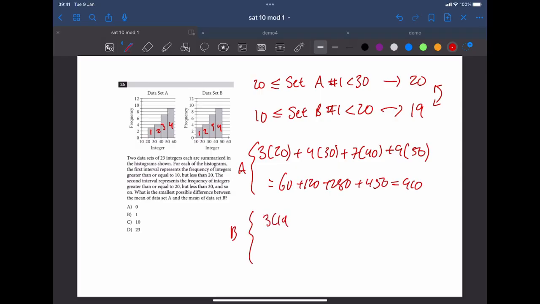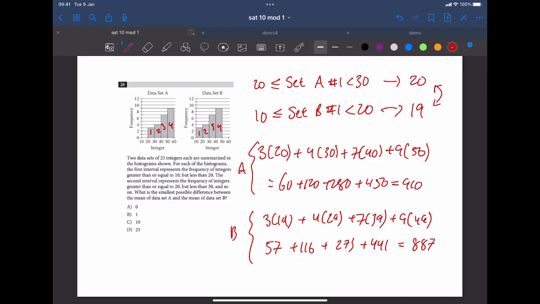Three times 19, again 4 times 29, 7 times 39, plus 9 times 49, and we would get 57 plus 116 plus 273 plus 441, which equals 887.